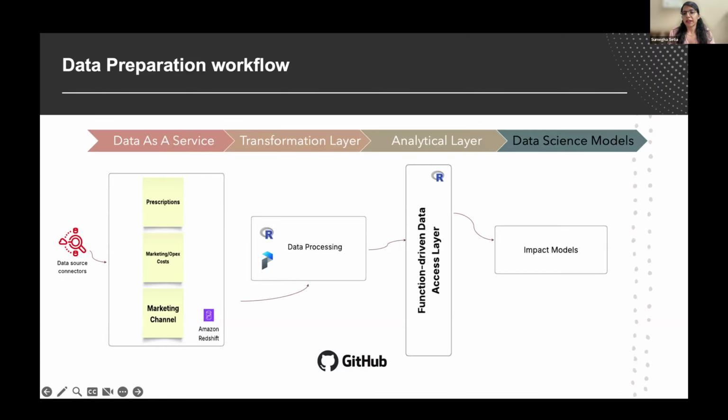Then after that, we have a data processing layer where we use different tools to process the data so that we can transform the data and do the feature engineering. We create the transformation layer over the top of that so that we have the correct set of rules implemented, plus the right set of features available in the data. Then the analytical layer is where our data bar comes into the picture, which is a configurable layer that helps us get the processed data that we have already created in our systems.